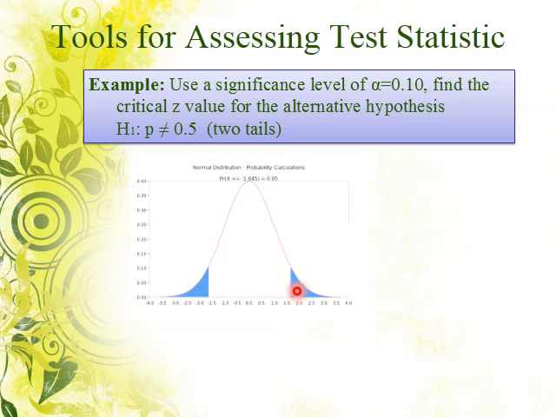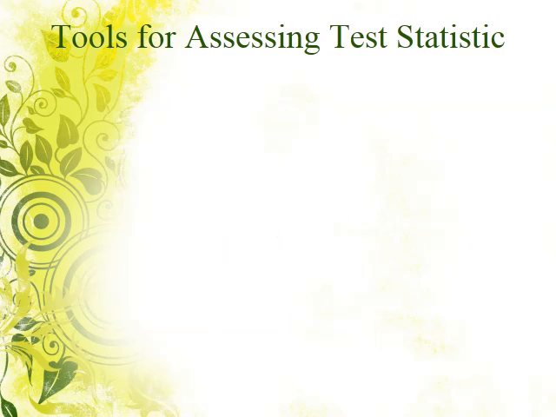So I want to know the critical z-value that separates 0.05 from the rest of this. That is, the critical z-value that has 0.05 to the right and 0.95 to the left. Well, of course, this is the critical z-value 1.645. But look it up in your normal distribution table to verify.